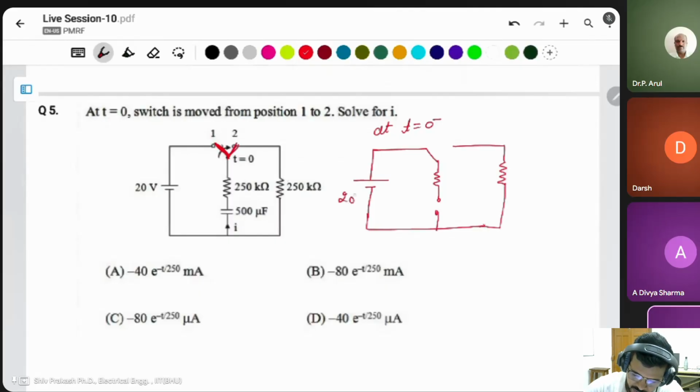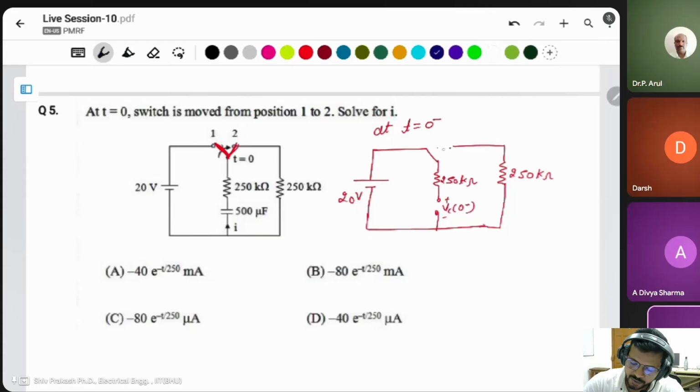This is 20 volt. This is 250 kilo ohm. This will also be 250 kilo ohm. We have to find the VC, capacitor voltage, at 0 minus. There is no current flowing from the source because of all these open circuits.